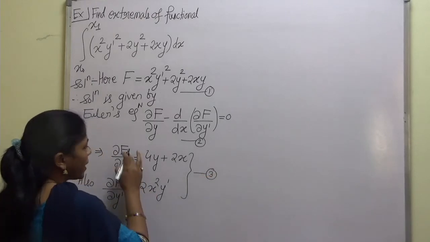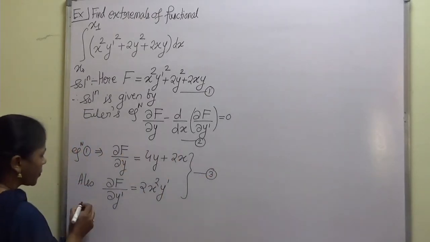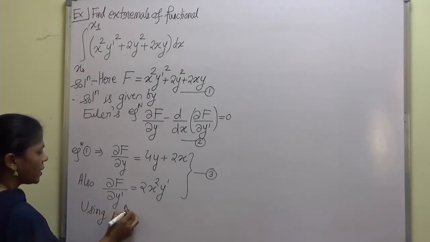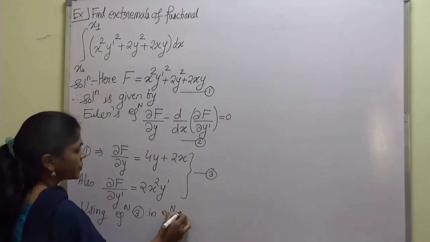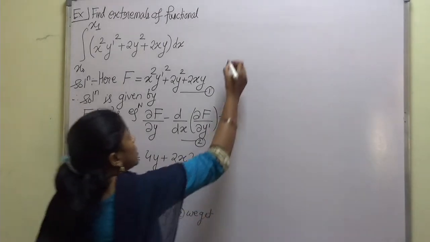So put the values of del f by del y and del f by del y dash in equation 2. So using equation 3 in equation 2, we get, so what we get?